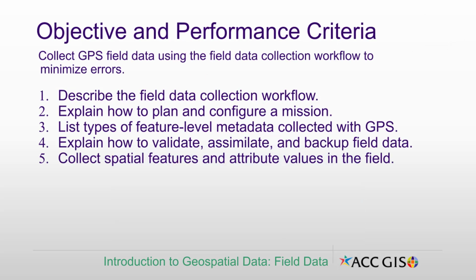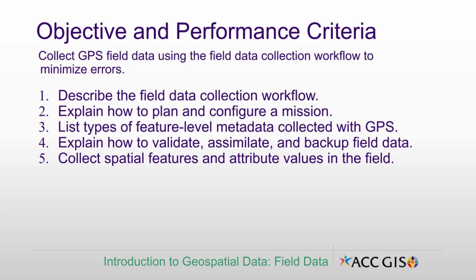Now let's review our performance criteria. At this point, you should be able to describe the field data collection workflow, which is to plan, configure, collect, and assimilate your data. You should be able to explain how to plan and configure a mission to increase your proficiency, minimize errors, and improve your data quality. You should be able to list types of feature level metadata collected with GPS.